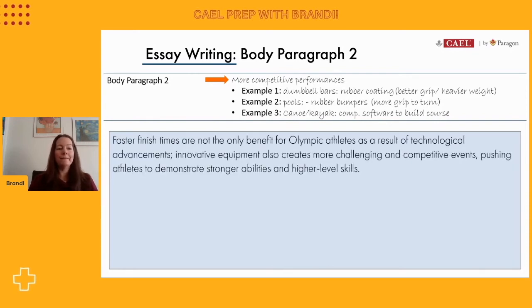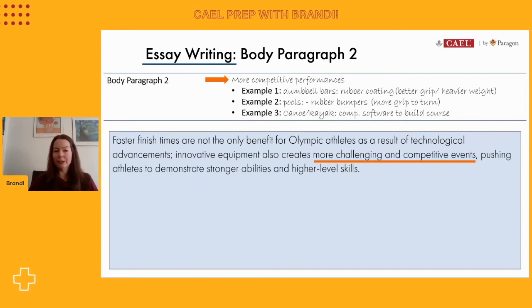It says here that faster finish times are not the only benefit for Olympic athletes as a result of technological advancements. Innovative equipment also creates more challenging and competitive events, pushing athletes to demonstrate stronger abilities and higher level skills.